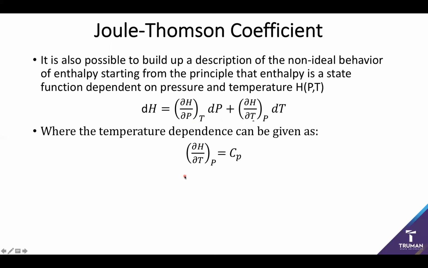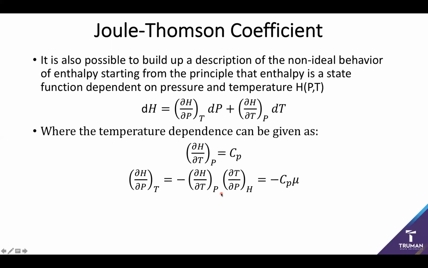So in this case, we're going to essentially pull out our old friend, the triple product rule. And then using the triple product rule, what we end up generating is the isothermal variance of enthalpy on pressure is going to be related to the isobaric variance of enthalpy on temperature, and essentially the isenthalpic variance of temperature with pressure.